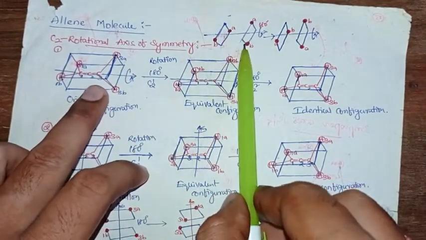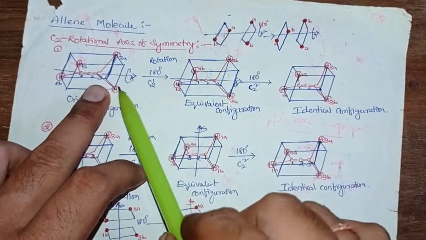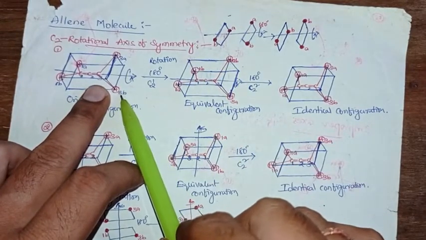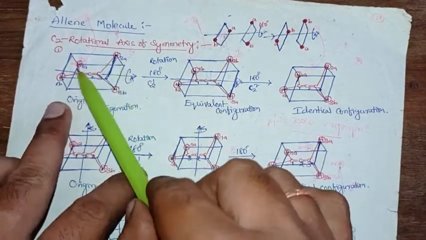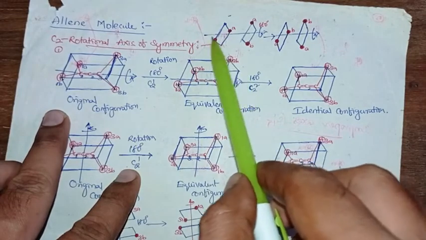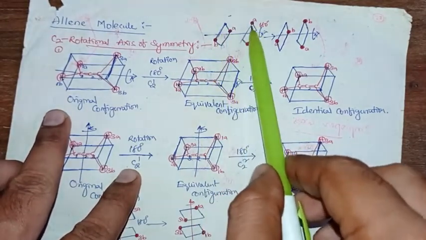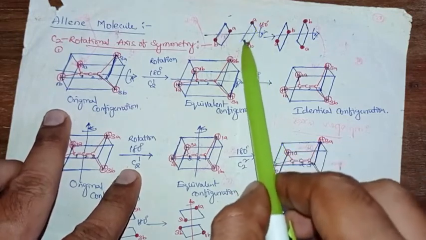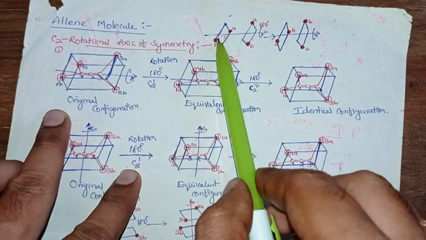On top there is H3A, and down there is H3B. Whereas opposite of that, the H1A and H1B will be here. In this manner they have H3A and H3B, and in this manner there will be H1A and H1B.